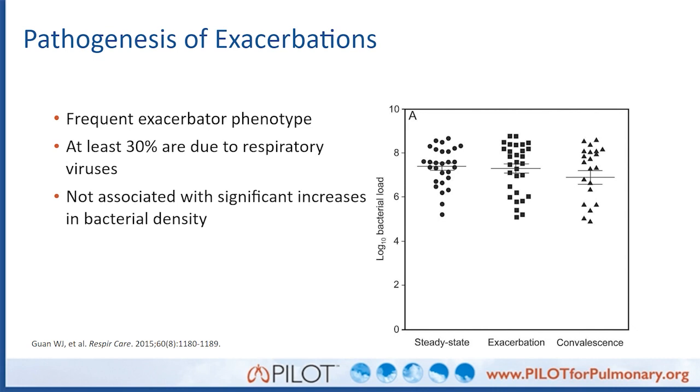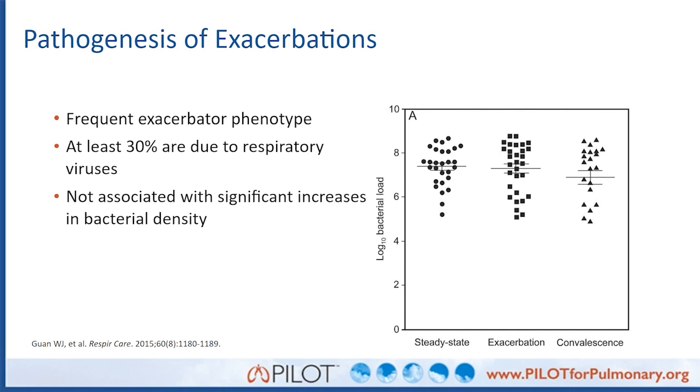Interestingly, most exacerbations are not associated with a significant increase in sputum bacterial density, as seen in this study. So we can't just say that it's an increase in bacterial load causing these exacerbations. It may be that there's a new bacterial strain, although that has not been demonstrated conclusively. And again, for many of these, we just don't know.